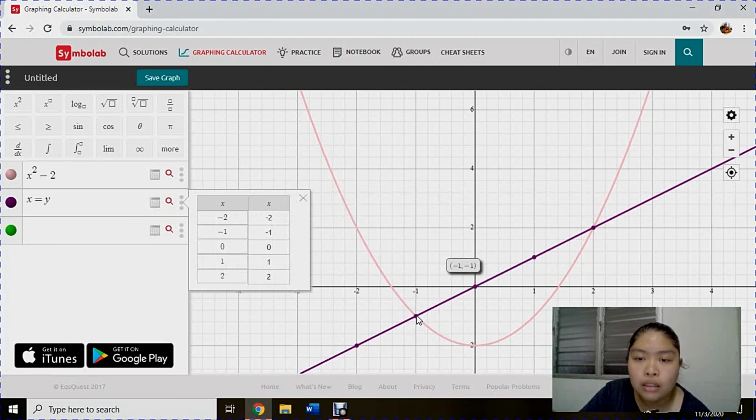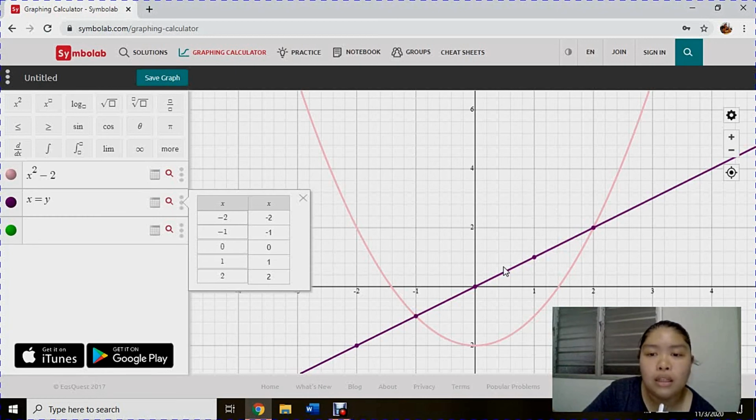This point right here, as you can see in the coordinates, shows that the first intersection point is at x equal to -1 and y equal to -1, and the second intersection point is at x equal to 2 and y equal to 2. So now you know the answer. It will be easier for you to know if you are doing the right things or not for your calculation.